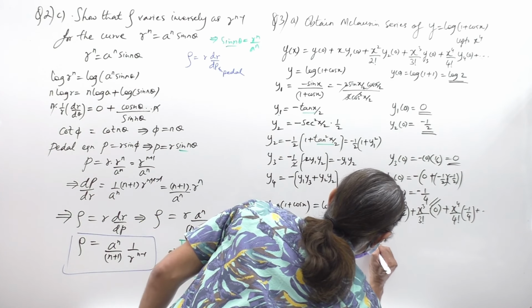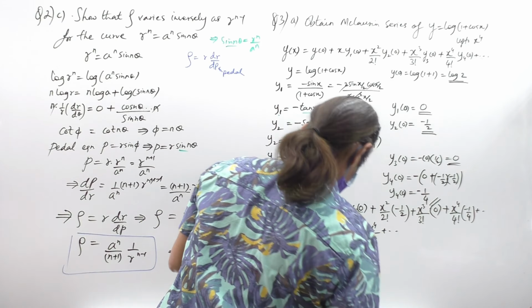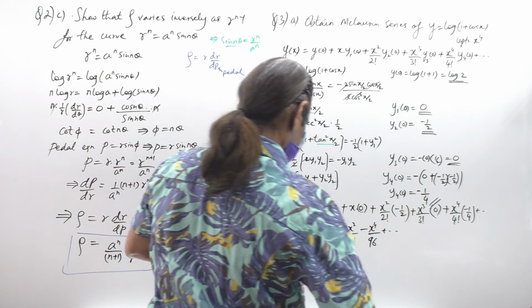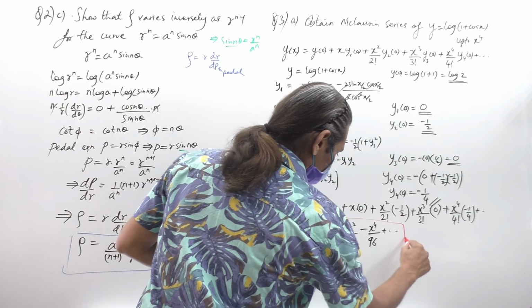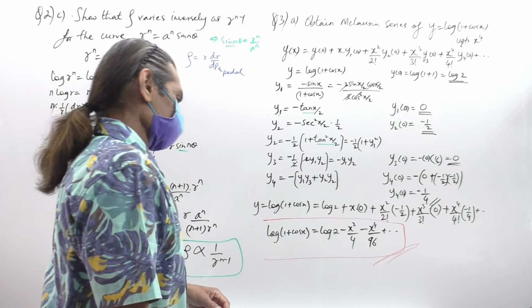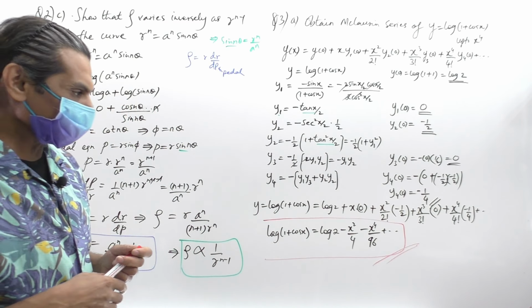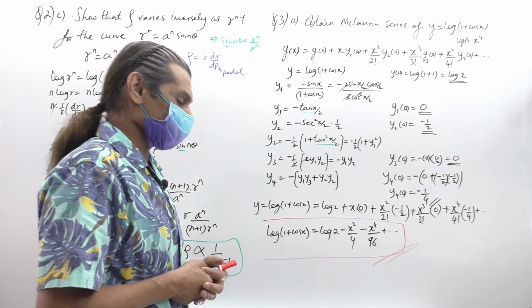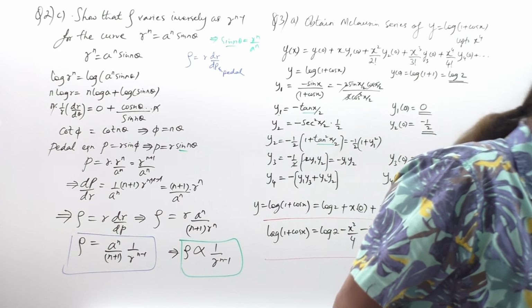Yeah, right. 96. That's the answer. So the series expansion for log of 1 plus cos x is log 2 minus x square by 4 minus x raised to 4 by 96. That's the solution for this problem.